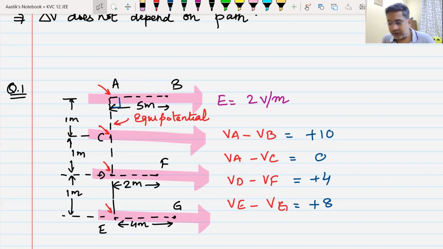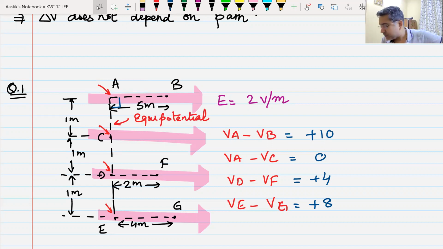Now if you have a question on this, which you can see right now, in the previous class we had seen how to find the potential difference between these 2 points. Apart from potential difference, there could be other questions also.